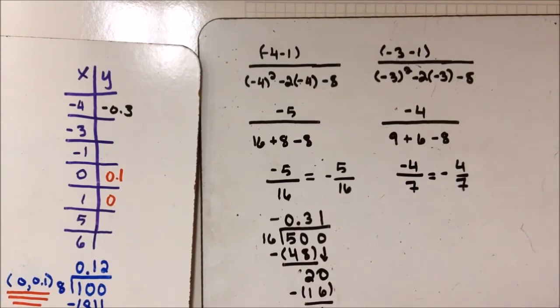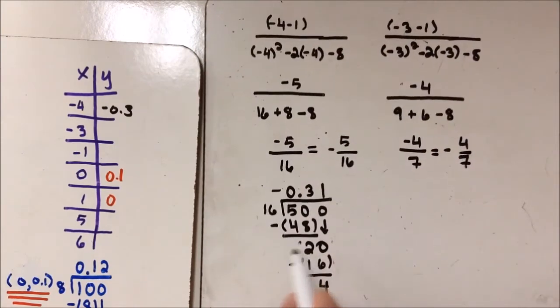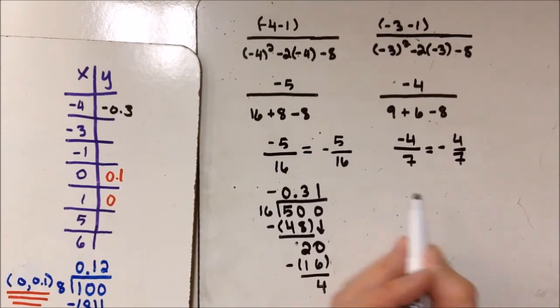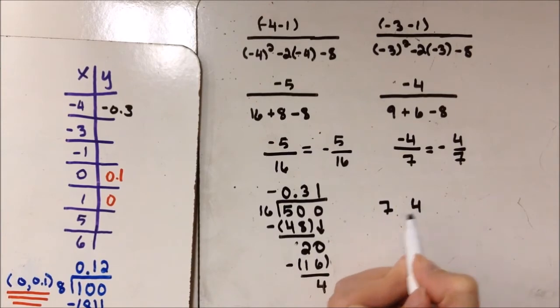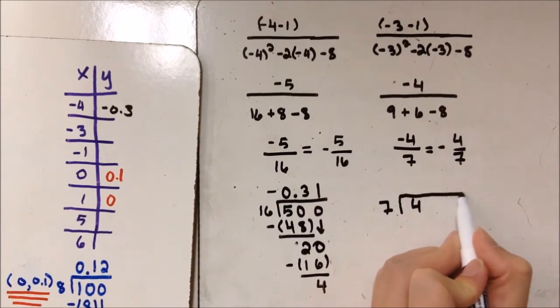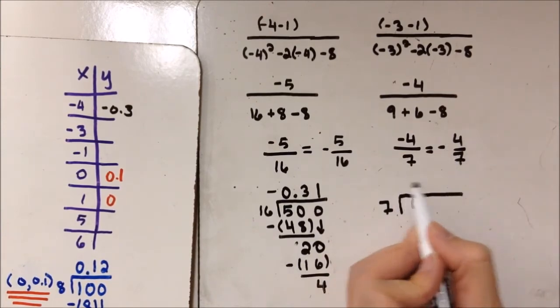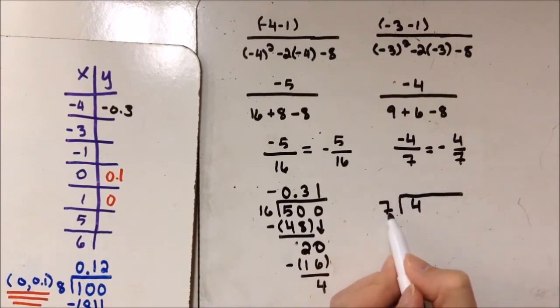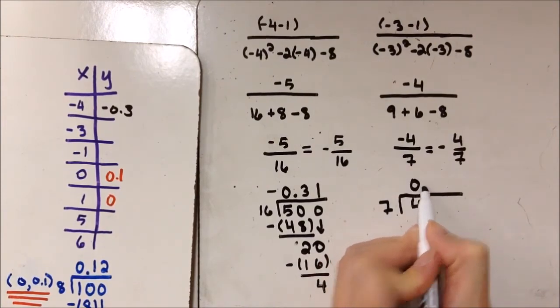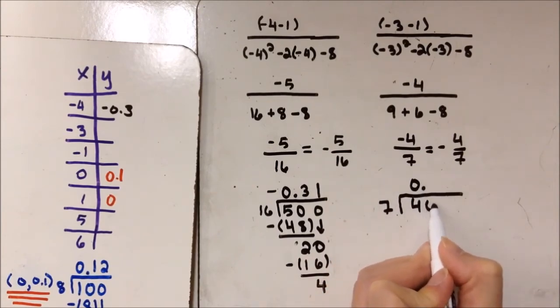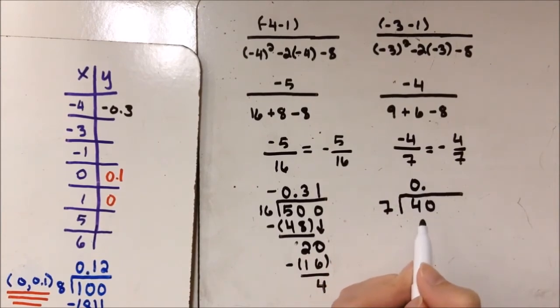Now to convert that to decimal, same thing as we did right here. So 7 goes on the outside, 4 goes on the inside. And remember, since that's negative, your answer will also be negative. 7 does not go into 4, so I'm going to put a 0 and then a decimal, and then I'll add a 0 next to the 4, making it 40.